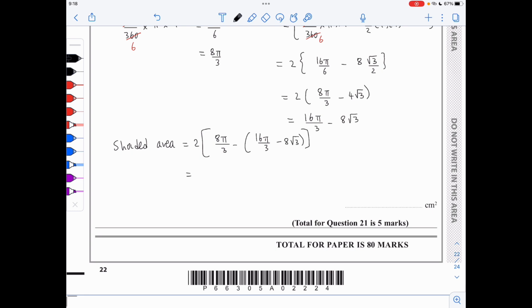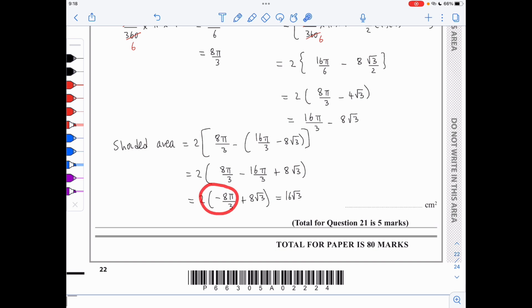So this is 2 times 8 pi over 3 minus 16 pi over 3 plus 8 root 3, which is 2 times minus 8 pi over 3 plus 8 root 3. 2 times 8 root 3 is 16 root 3. And 2 times minus 8 pi over 3 is minus 16 pi over 3 squared centimeters.